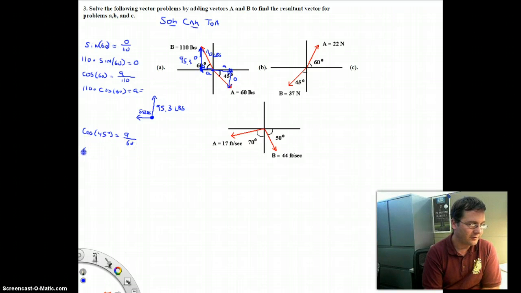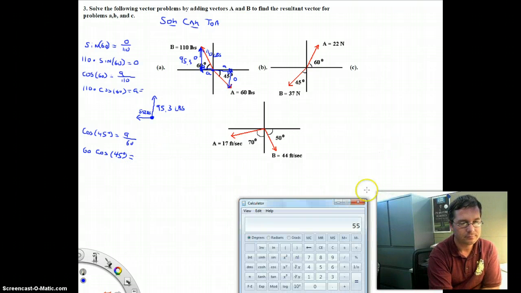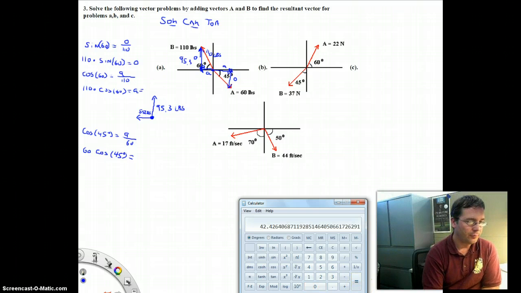Multiply both sides by 60. 60 times the cosine of 45 degrees equals about 42.4 pounds.